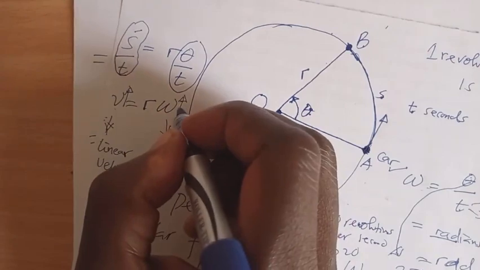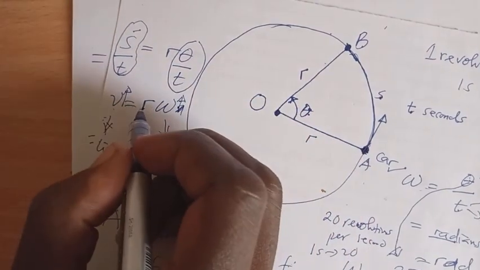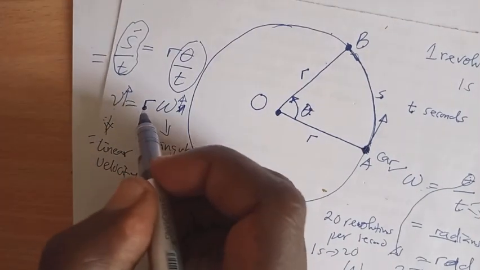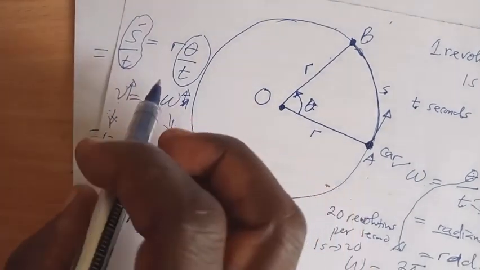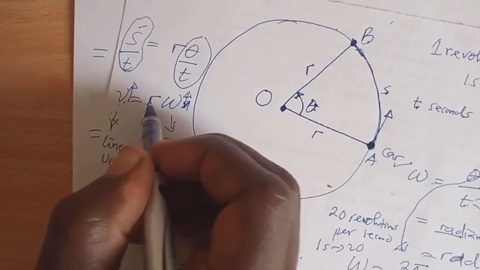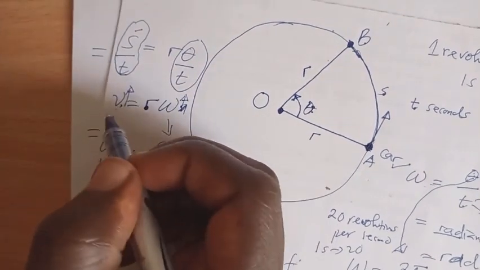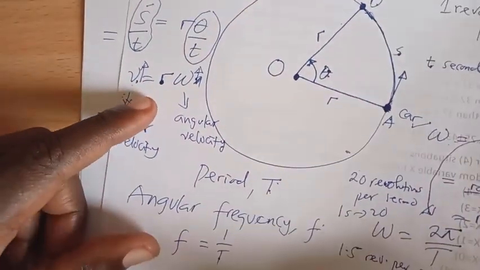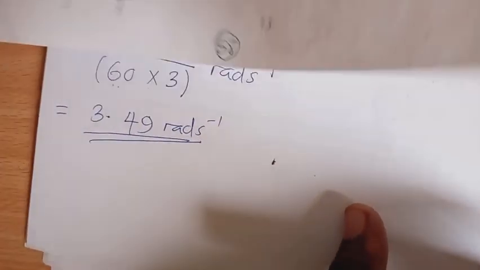Sometimes the angular velocity is constant, but when you are considering different positions, you have different values of r, and then v is different for different values of r. When r is large, v is large.